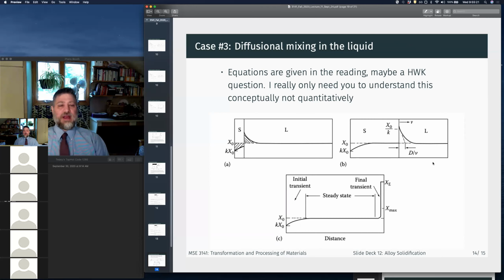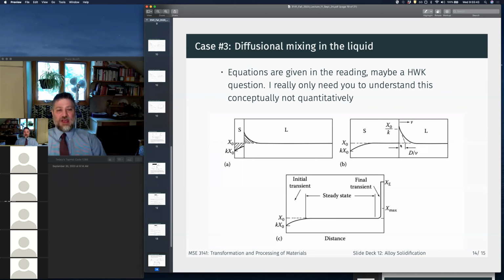right? And I know we haven't talked about diffusion yet, but I've made that sort of a choice in how I presented it. We can just say this pileup region is going to have some characteristic width. And if we conceptually think about what goes into that characteristic width, it's going to depend on two things, right?